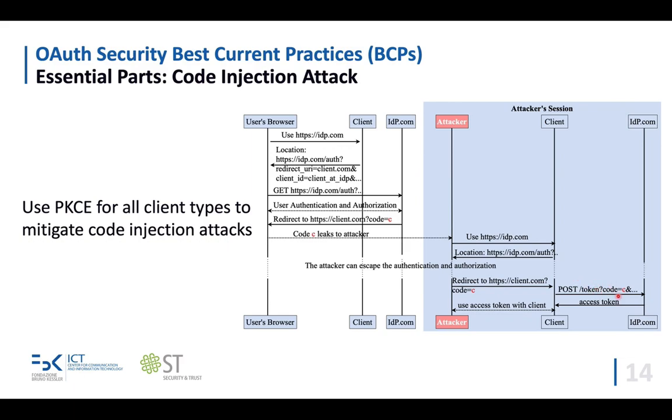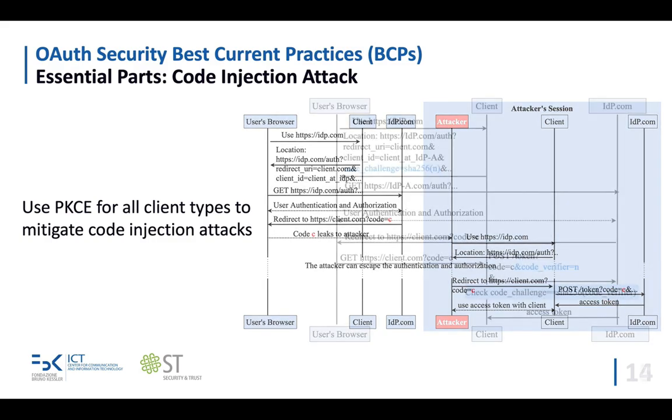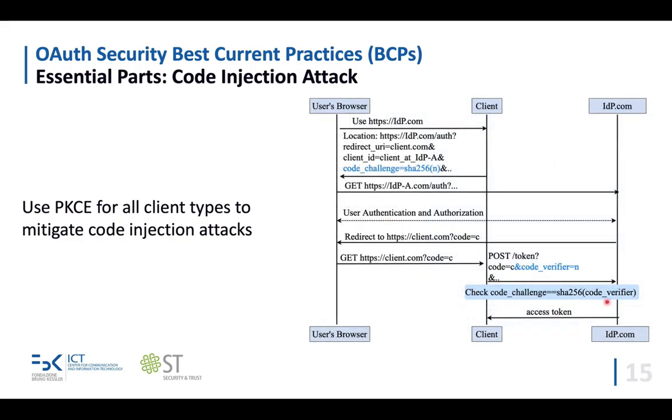If the attacker obtains this parameter, he can easily change it to obtain the access token. But now let's see how PKCE can avoid it. PKCE defines a code challenge, which is a hash of the code verifier, and the client sends it in the authorization request.